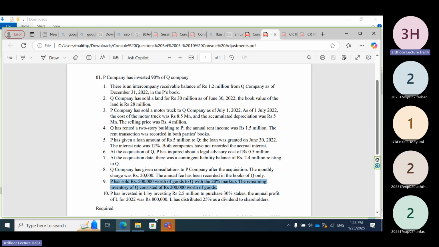A levels, O levels, we know this, right? Margin and the markup, that's maths. That's not about consolidation. Calculating the margin and markup percentage is maths.